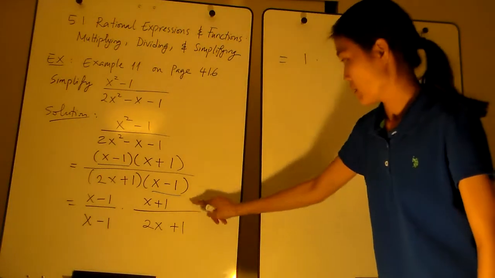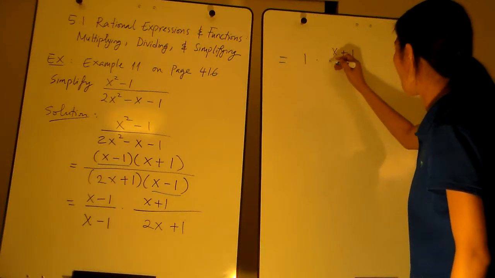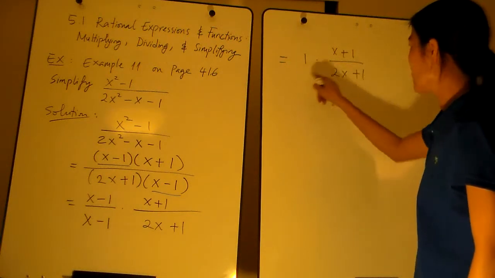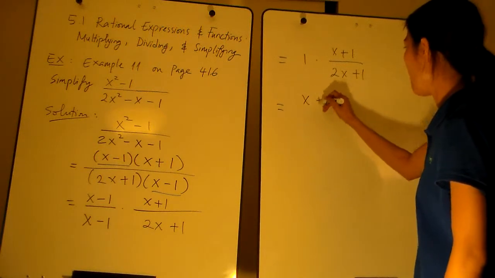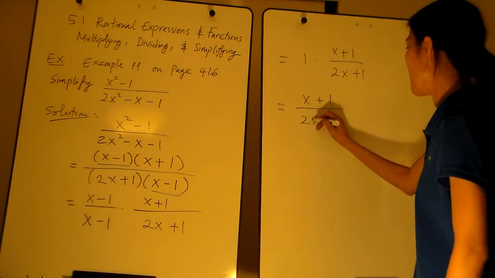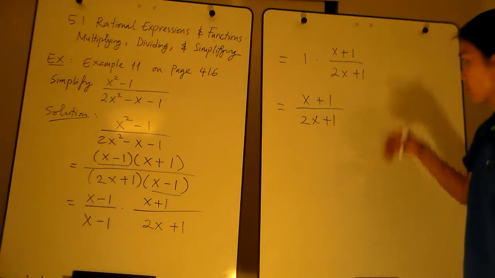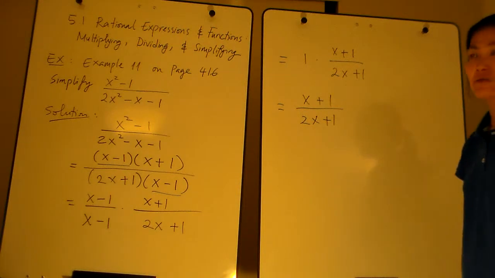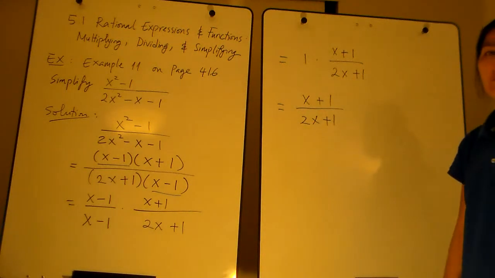This you cannot simplify, so I'm just rewriting it: 2x plus 1. 1 times x plus 1 divided by 2x plus 1 is x plus 1 divided by 2x plus 1. And check one more time, you cannot simplify any further. You have simplified the answer, and this is the answer for example 11 on page 416.